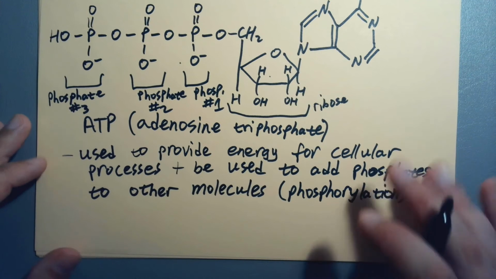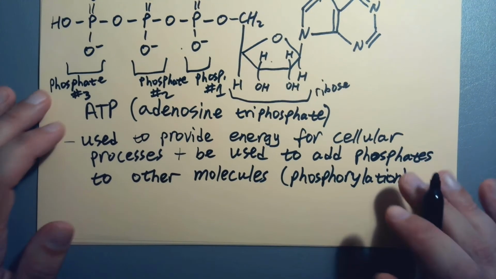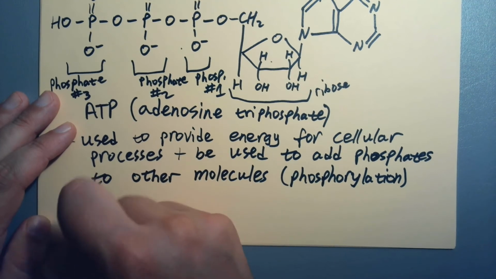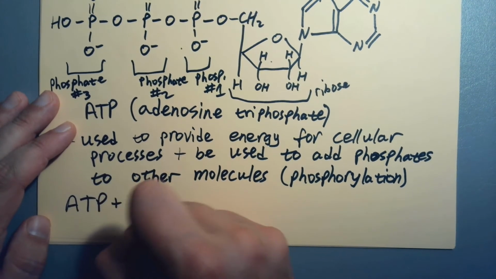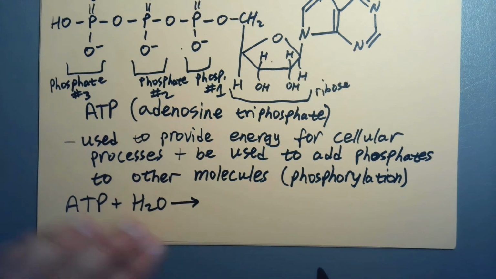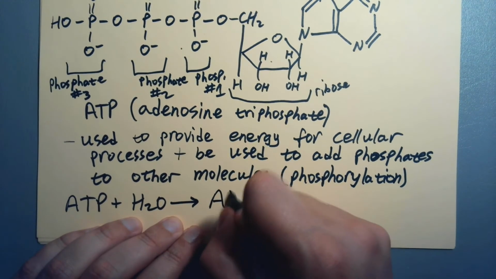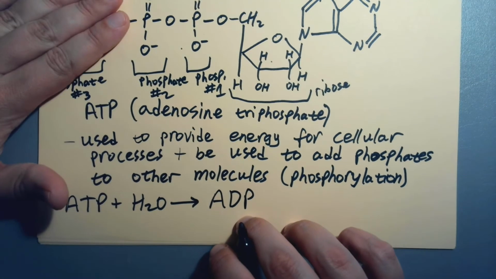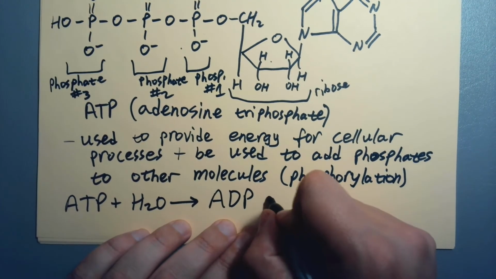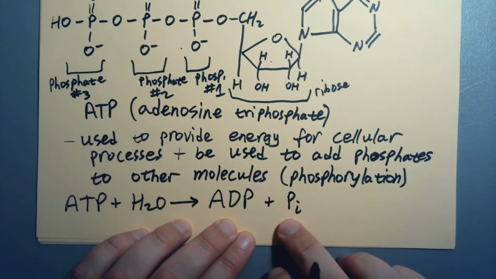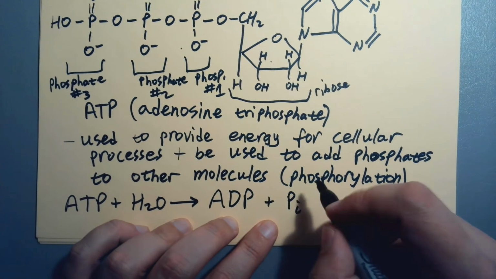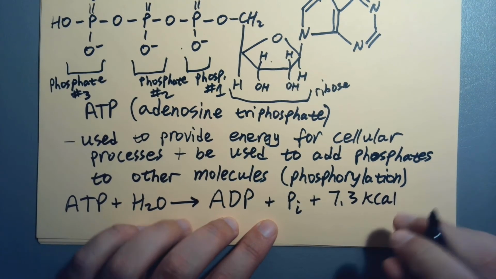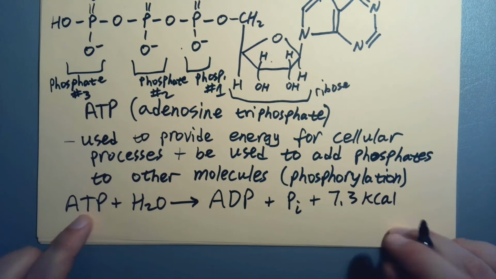So the reaction looks something like this. If we use ATP for energy, we're going to get ADP, adenosine diphosphate, 2 phosphates, so one breaks off. We get an inorganic phosphate. You can thank biologists for that notation. And we're going to get 7.3 kcals of energy per mole of ATP that we use.